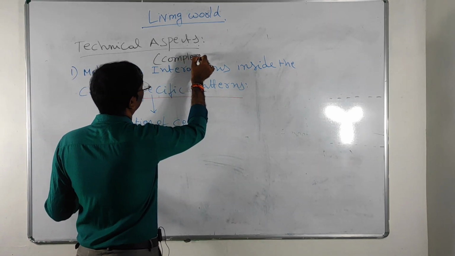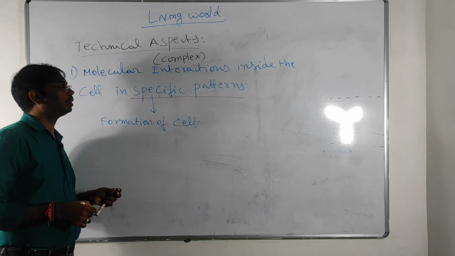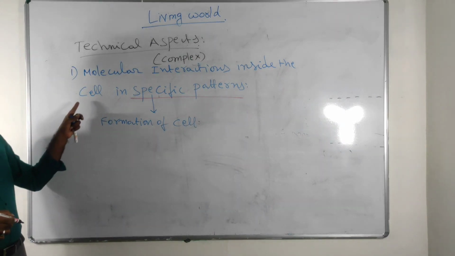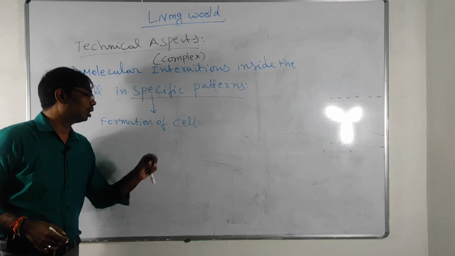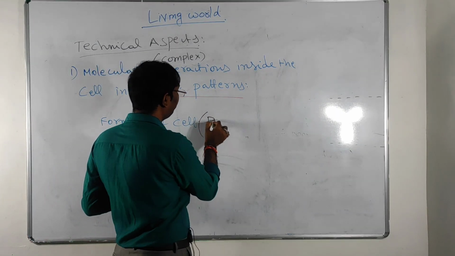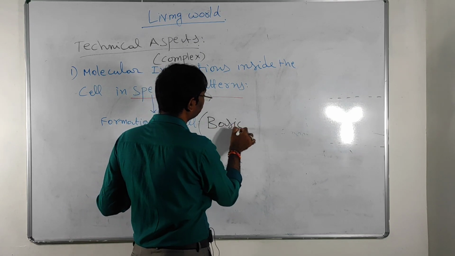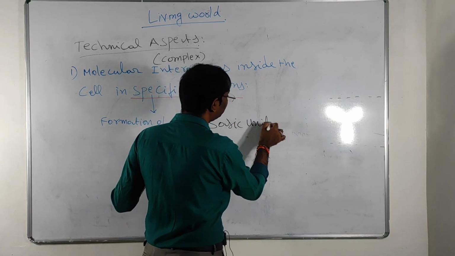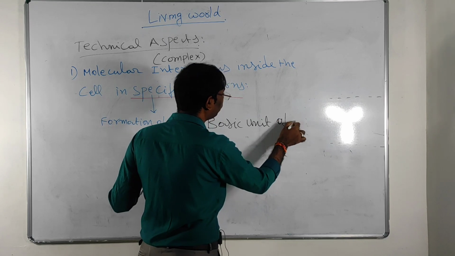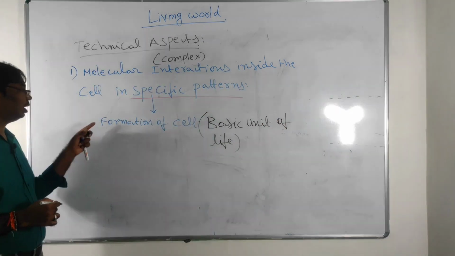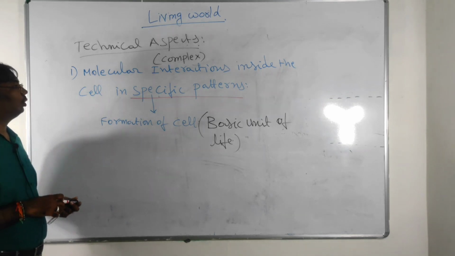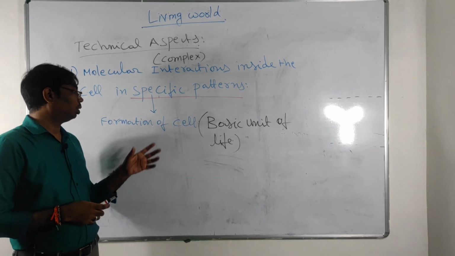The complex interactions of molecules present inside the cell in specific patterns lead to the formation of the cell. What is the cell? This is the basic unit of life. The cell is the basic unit of life.